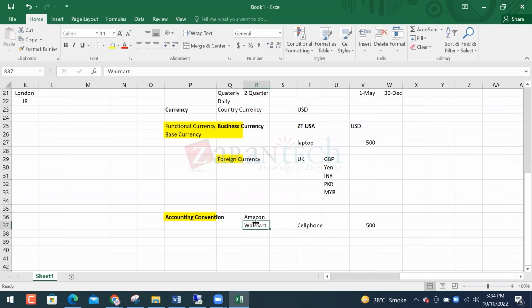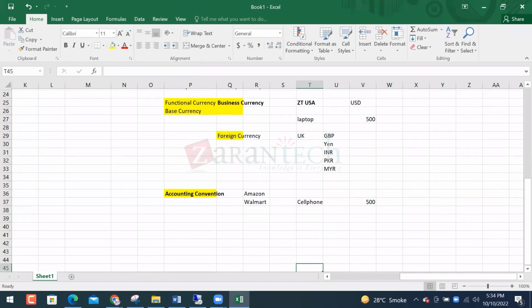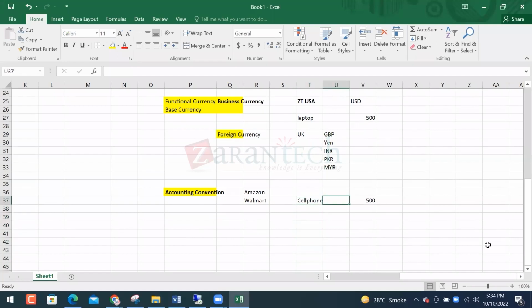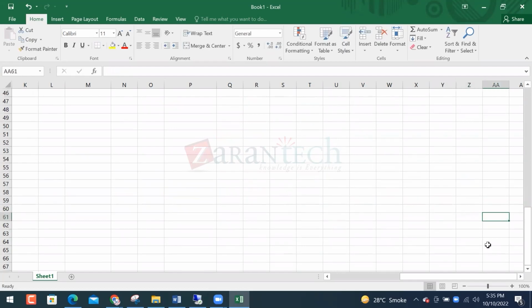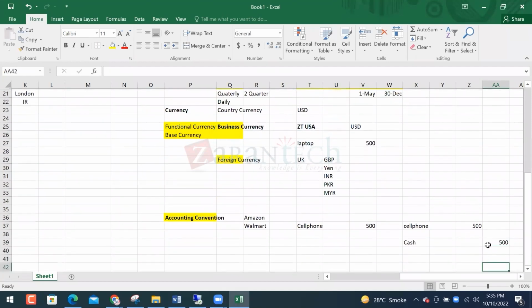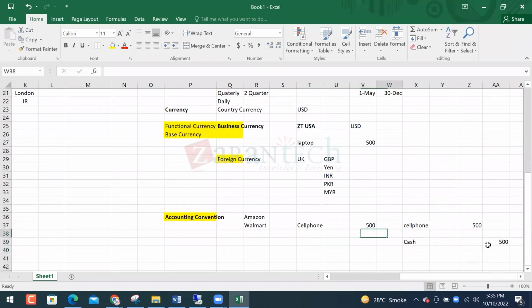You go to the paying section, and you give the cash, and they hand over the phone to you. So here you have an accounting transaction: cell phone debit and cash credit, because you are paying the cash of 500. This is the transaction you made, paying in dollars.